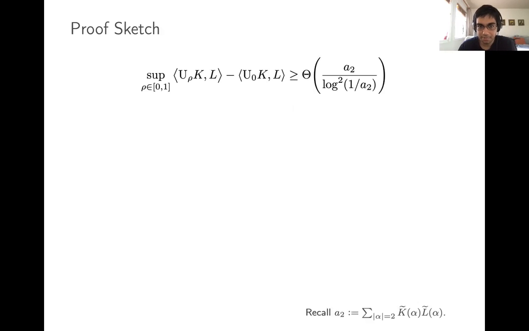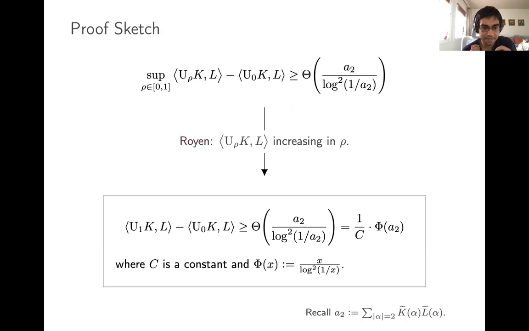So we've got a lower bound on the supremum of this difference of the inner product because of the lower bound on the supremum of P of t as t ranged over the unit interval. And because of Royen's proof, we know that this inner product is increasing in rho.